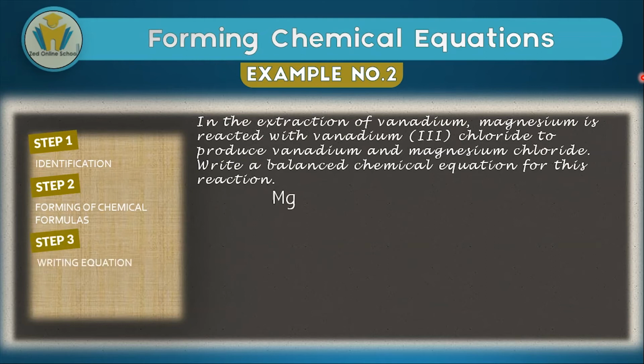Magnesium is Mg, vanadium 3 chloride will be written as follows. And then we are having vanadium and magnesium chloride. Now we have all our compounds and elements written as a chemical formula or as an elemental symbol. Now, just like we did, we need to find a way of balancing.